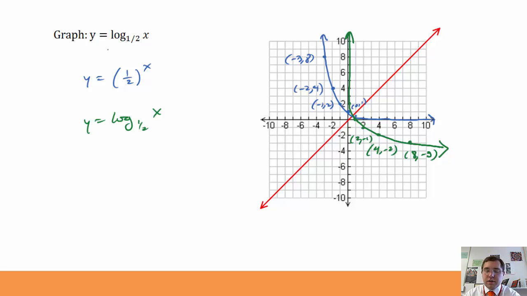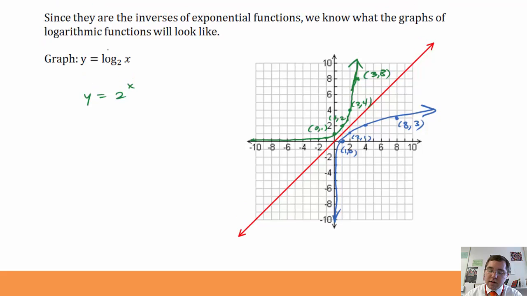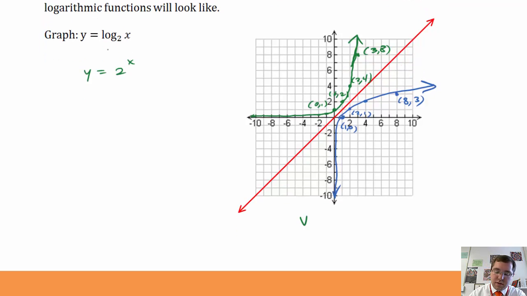So logarithmic functions, just like this one, have a vertical asymptote right there at the y-axis, the line x equals 0.